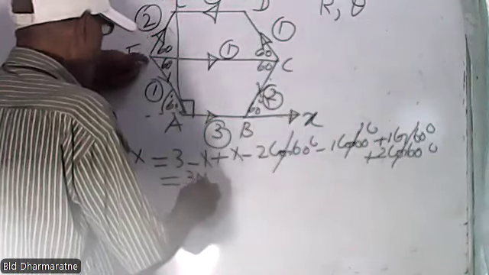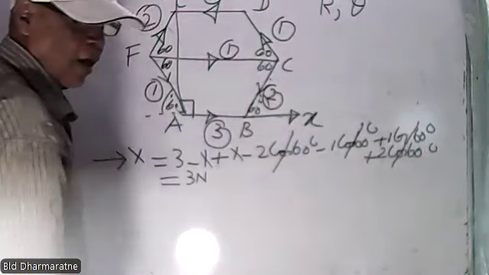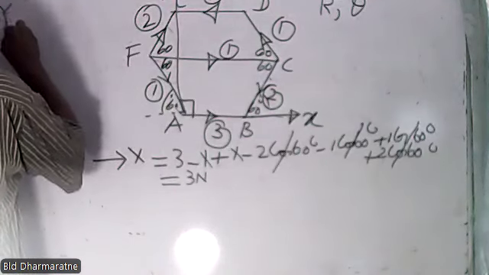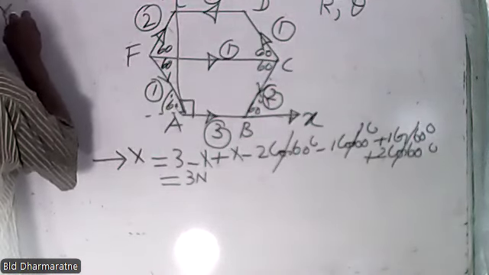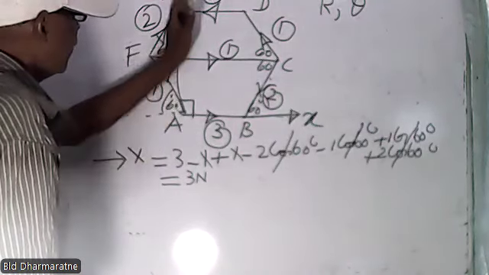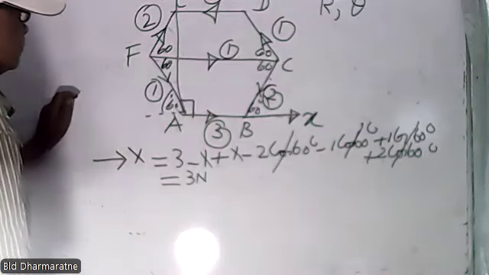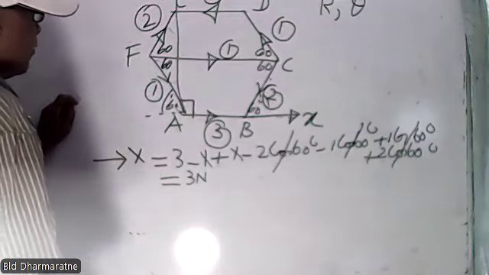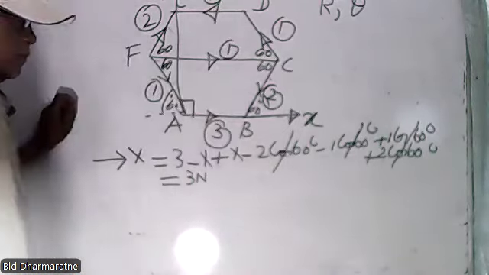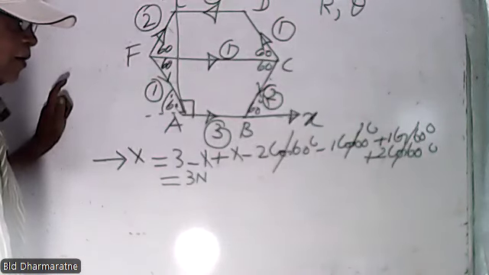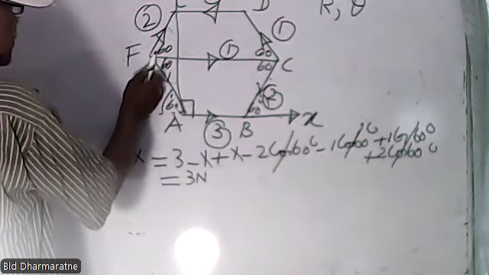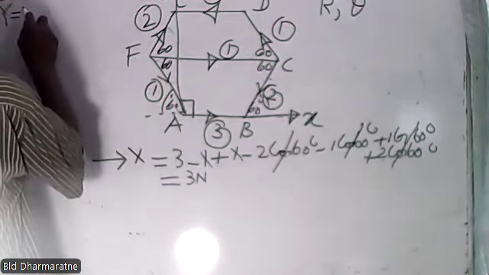3 Newton is the x component. Then the y component. How to get the y component? Easy. There are no vertical forces, but there are 3 horizontal forces: 1, 2, 3. These are neglected. Now consider the vertical components, neglecting the horizontal forces. First 2 sin 60 plus 2 sin 60.